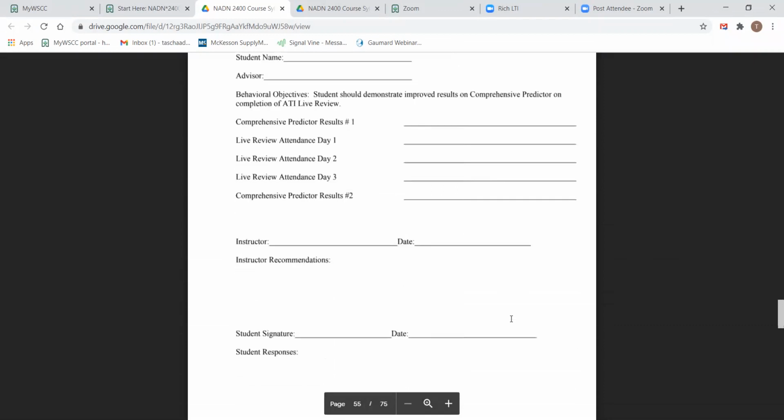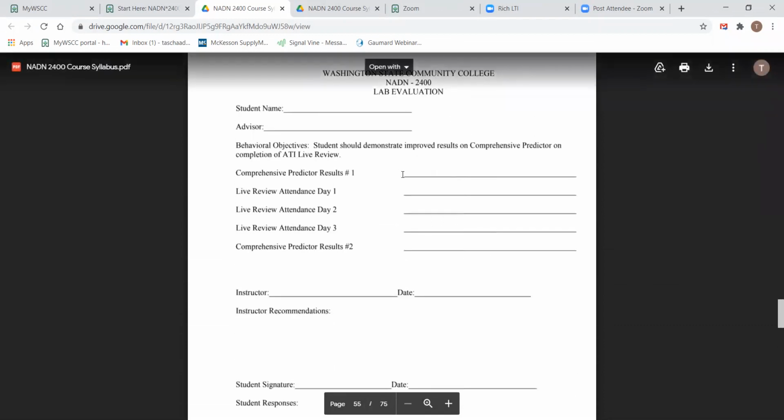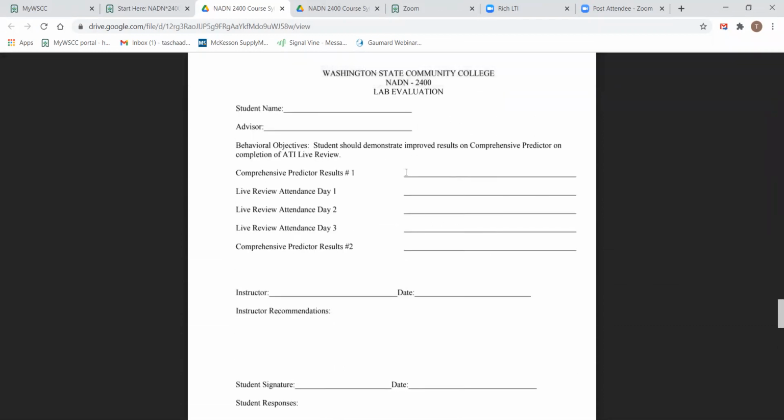Another evaluation is a lab evaluation. Basically what this is, I track your comprehensive predictor results, then your attendance for 3 days, and the results on your third or your second attempt on the comprehensive predictor. And we will have a plan.